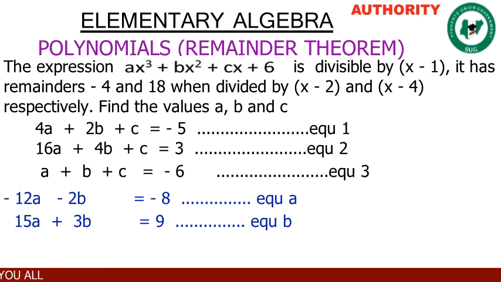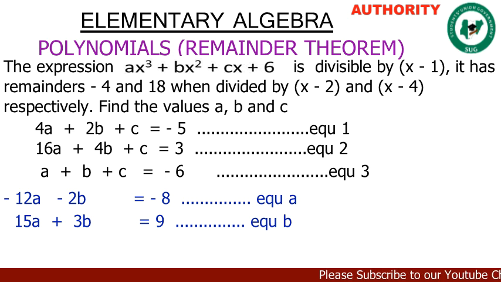Now, one of the rules of elimination says that the term that you want to eliminate must be equal so that they can be eliminated. You discover that in equation A, we are having minus 2, and then in equation B, we are having plus 3. So that means they are not equal.